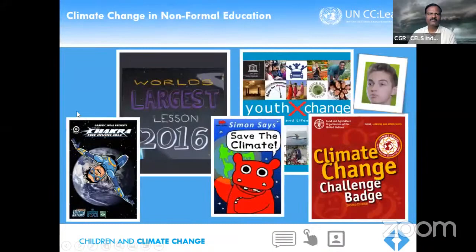And here, there are so many ways we can create awareness on climate change. Like climate champions, a kind of recognition we can give to children, those who are using bicycles to come to school, or those who are walking to school, rather than using a vehicle which uses petrol or diesel or some other fuel, which causes again greenhouse gas emission.